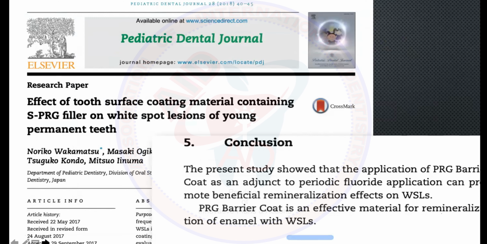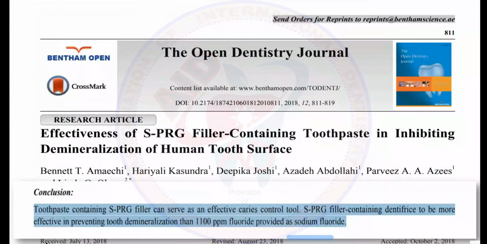So there are a few studies. This study was done in Japan. According to that, if you make a coat of it along with fluoride application, it has a more beneficial effect on white spot lesions. So it is an effective material for remineralization, and to my knowledge it is still manufactured by Shofu.